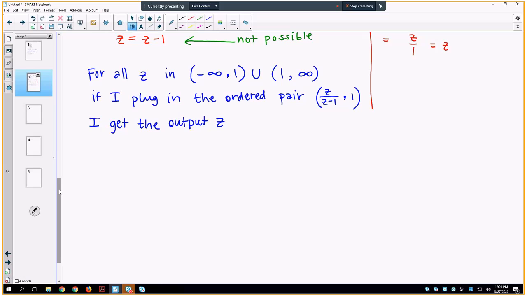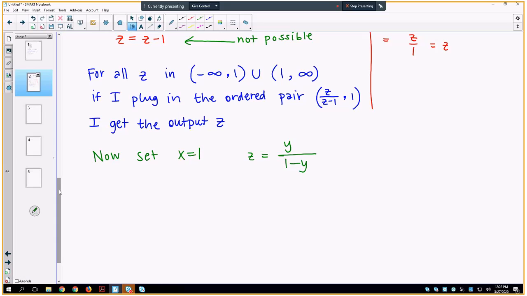So what about 1? I want to know, can I also find an ordered pair that gives me the output of 1? So let's try setting x equal to 1 instead. And the question that I have in my mind is, can I have z now is equal to y over 1 minus y.